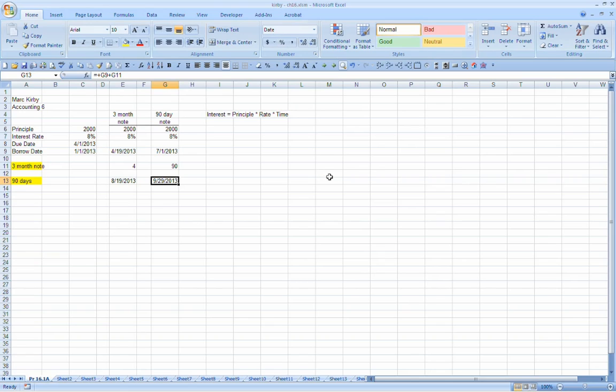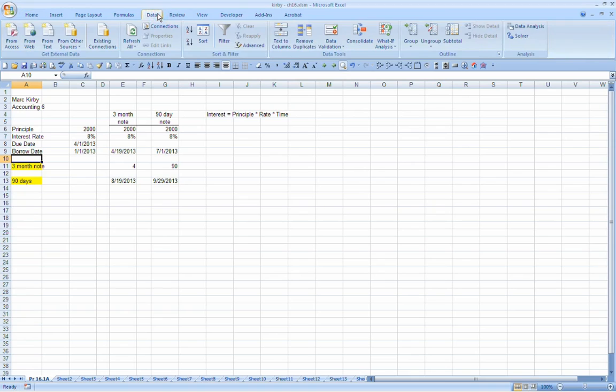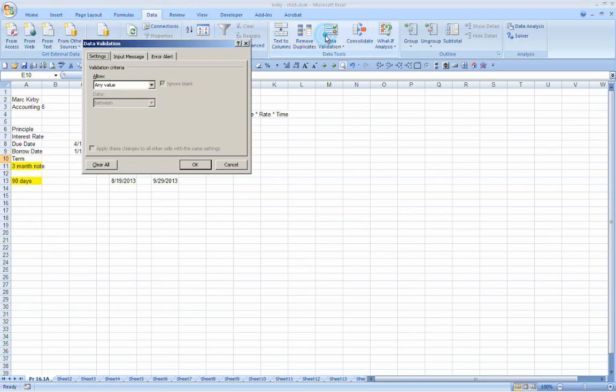Remember what we learned in chapter 15 with data validation? We could throw in something cool like, I'm going to go to data validation. Oh, I don't want to put it right here. I'm going to put it here. Term. Just going to call it term, and I'm going to go to data, data validation, and I'm going to allow things from a list that I'll create, and it can be days or months.